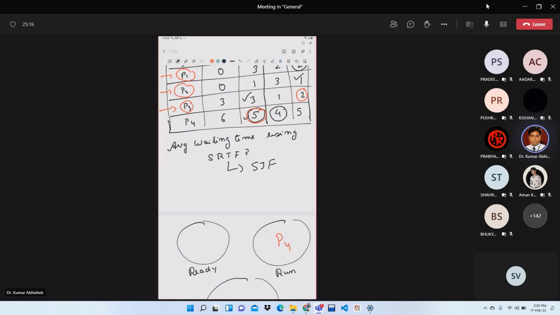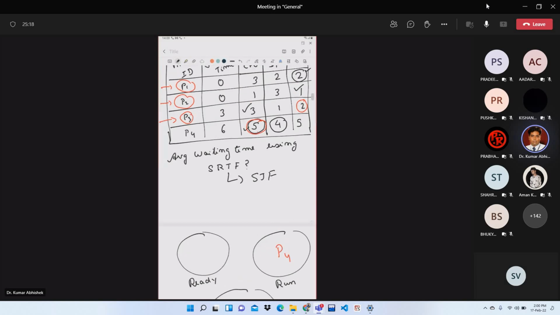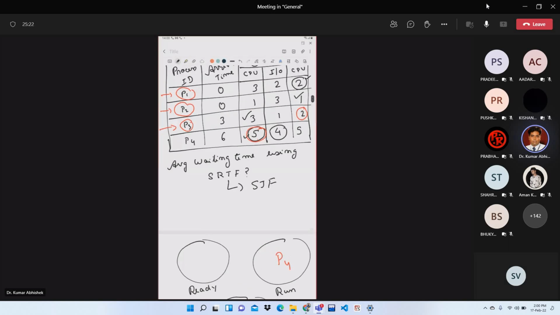I will go for preemption, or if I see both are having the same burst time, if I execute any one of them, will it affect my average waiting time or not? If it is not affecting, I may go for preemption, I may not go for preemption. But simple logic is, if we have a tie, we'll go for the lower process ID.